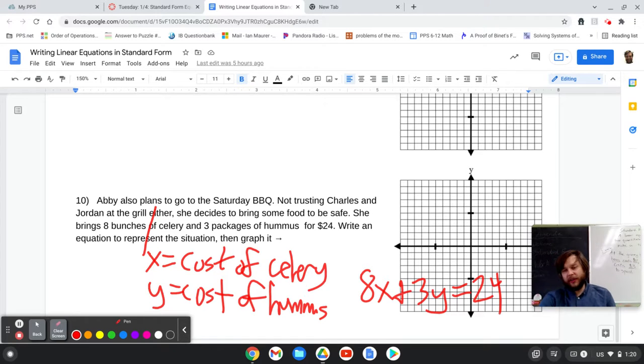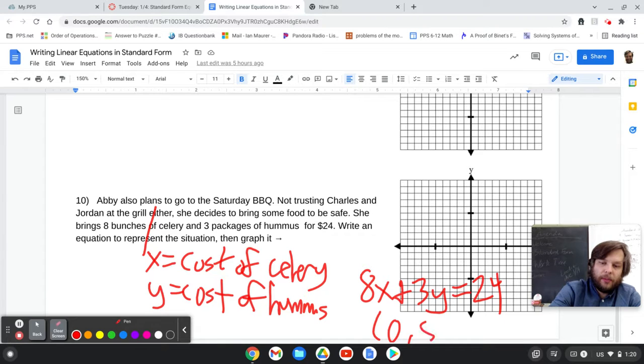In the previous example, I said, imagine you don't buy any hot dogs, then how many hamburgers? The same sort of idea. Imagine celery was free. Then you bought 3 packs of hummus for 24 bucks. That would mean that you have 0, 8. 3 times 8 makes 24. So I imagined the x was free, so there's no x's, and then 3 times 8 makes 24.